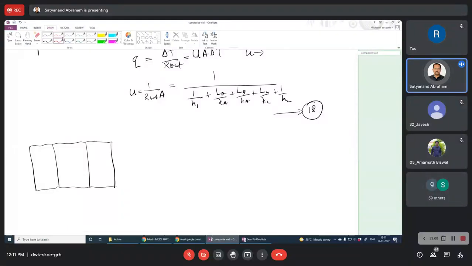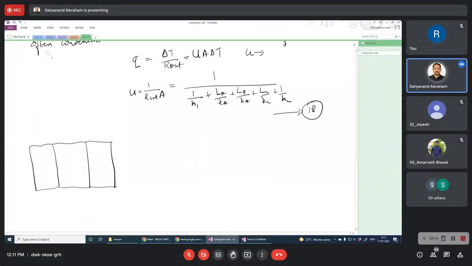Now we are going to have a bit more complex one. Suppose we are having a material like this, with four different materials now, say A, B, C, and D. We have temperatures T1, T2, T2 dash, T3, T3 dash, and T4.